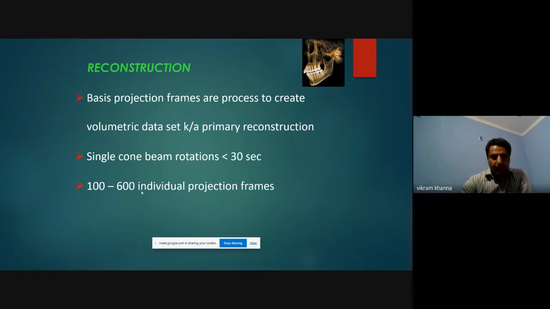Like what Dr. Chug told you yesterday, we call it third-party software because it only processes the data extracted from the scans. It reconstructs all the data with the back projection method and shows it on the screen.